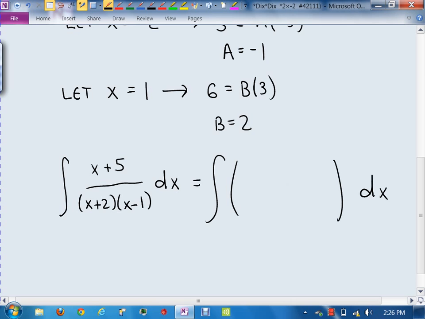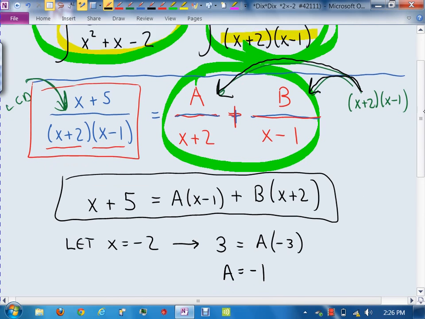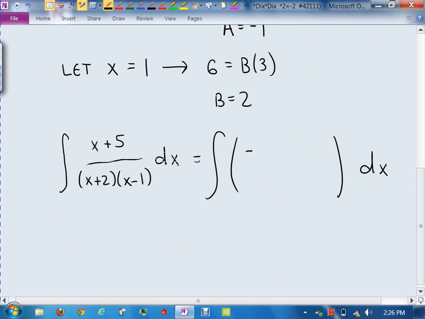And you have to get these right. What was a? A was -1, and the a goes on top of which linear factor? X plus 2. Don't mix them up. A is on top of the x plus 2. So you've got -1 over x plus 2, and then plus your b, which turned out to be 2, over x minus 1.